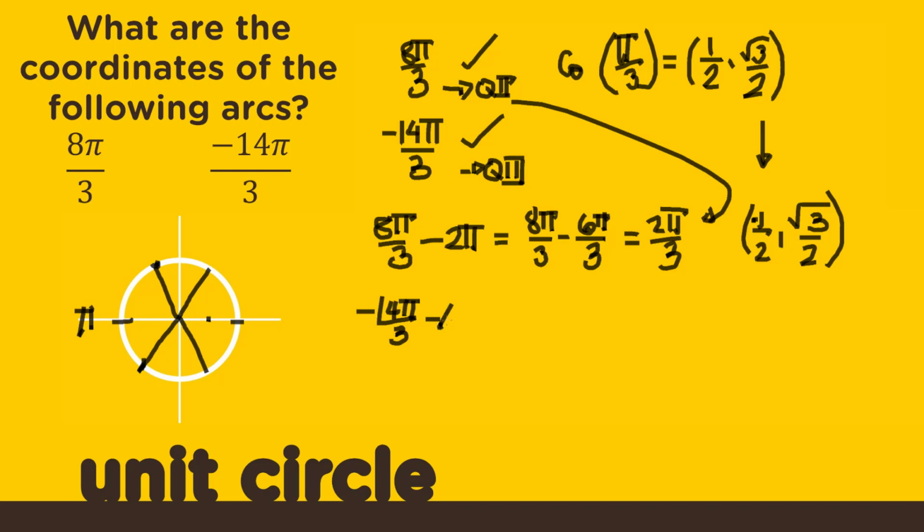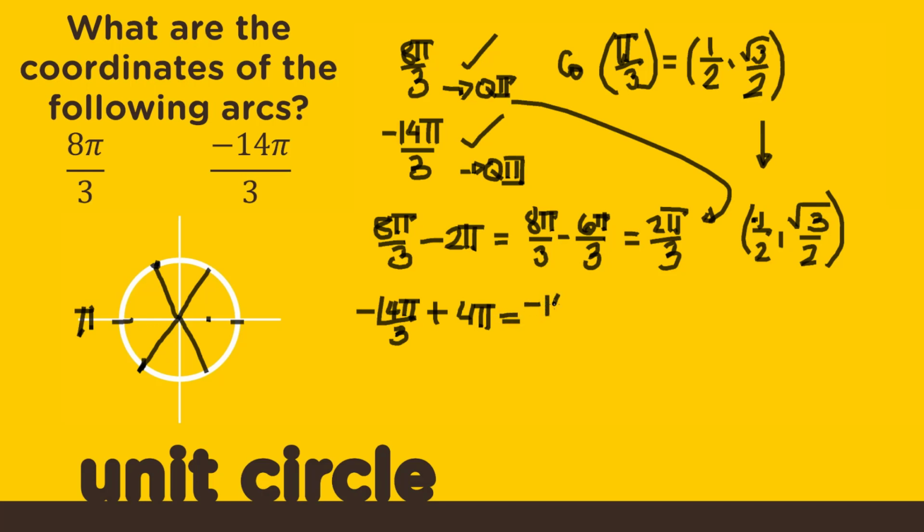So you can subtract, not subtract by the way. If it's negative, you're going to add. You're going to add 1 revolution, and another add 1 revolution, or just simply add 2 revolutions. Why? Because 14 is more than 12, right? Because 1 revolution is 6 over 3, that's 2 pi. So it's 12. So we're going to add 4 pi here.